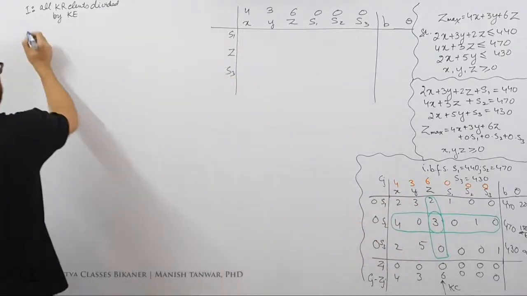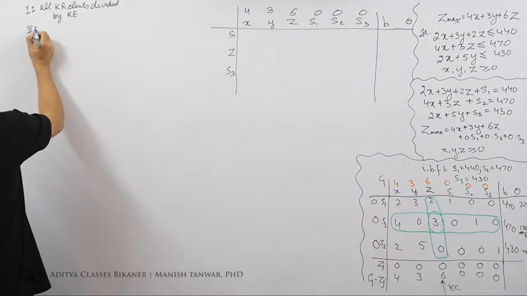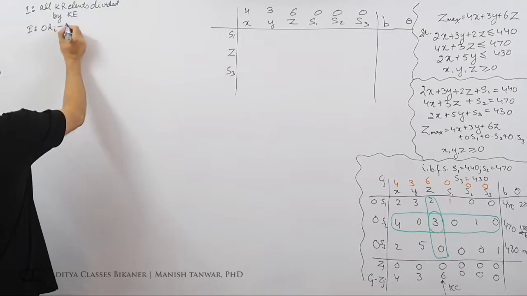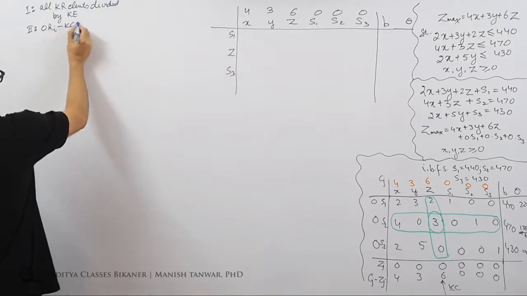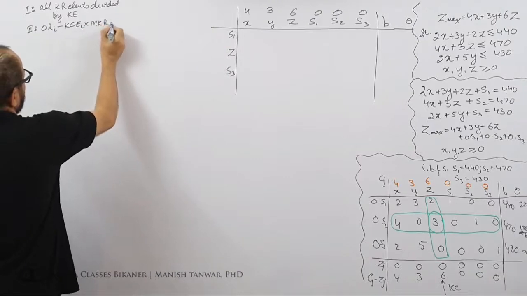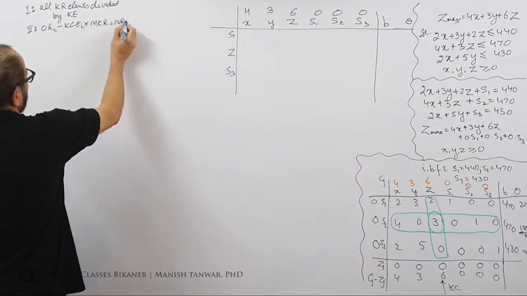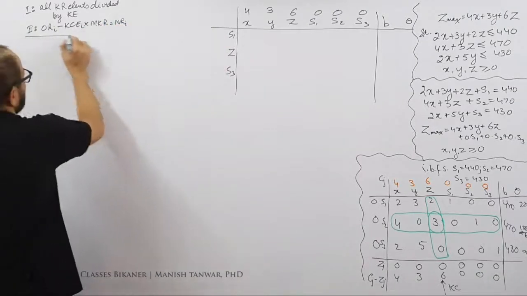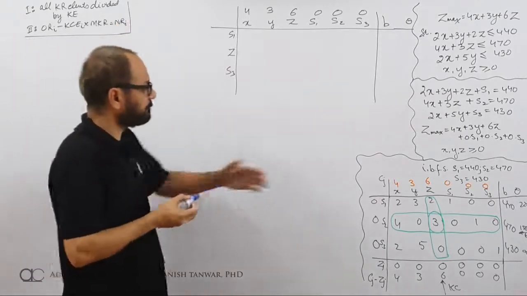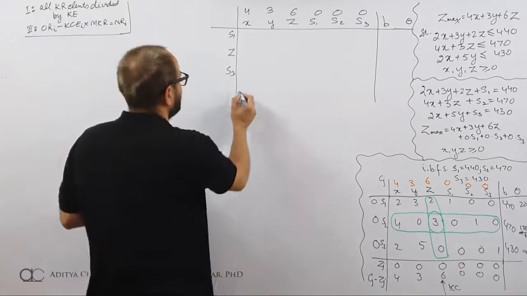The second rule is for all other rows: old row I minus key column element I multiplied by modified key row will give me my new row I. So these are the two formulae that we'll be making use of in transferring the elements over here.